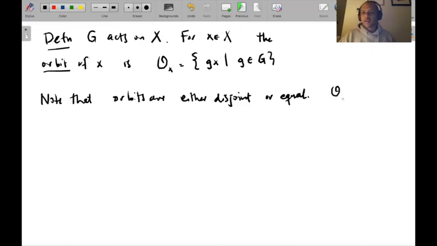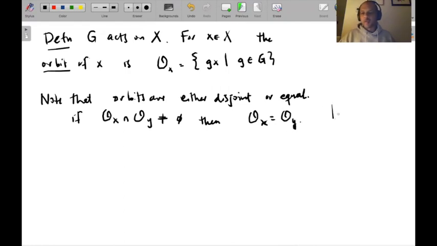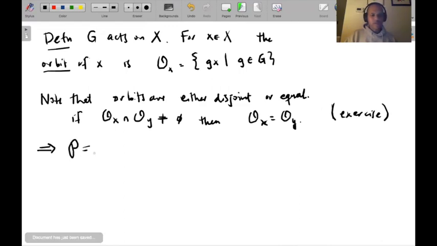That is to say, if the intersection of two orbits is non-empty, then in fact these orbits are the same. I'm going to let you think about this as an exercise. It's a good exercise. It's not so bad. But what this means is that we can form a partition from these orbits.